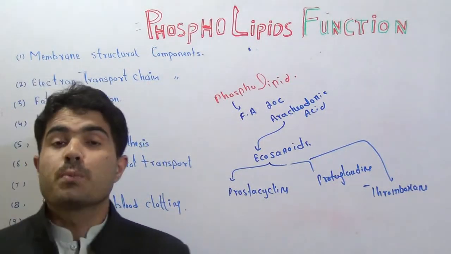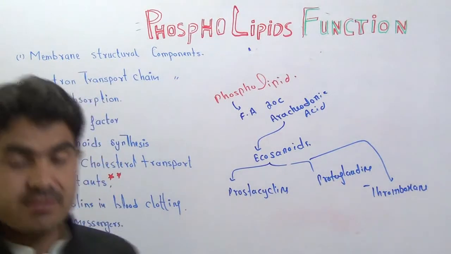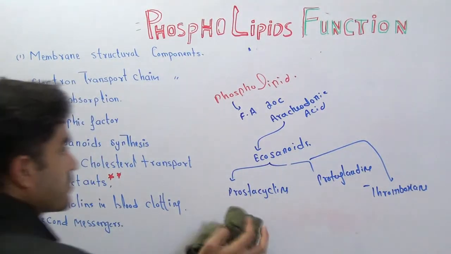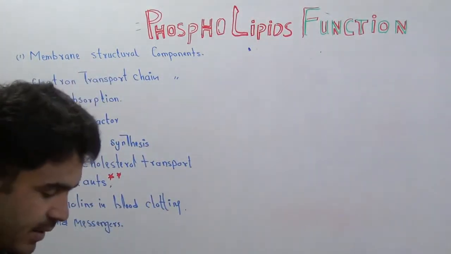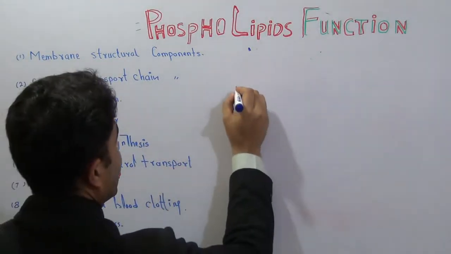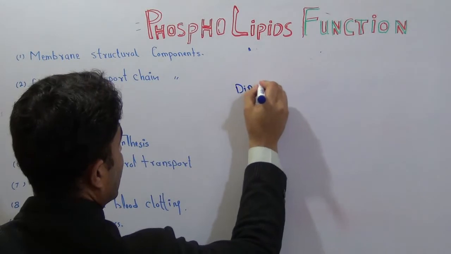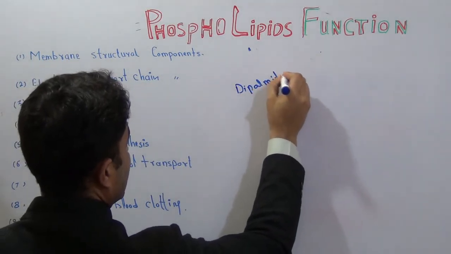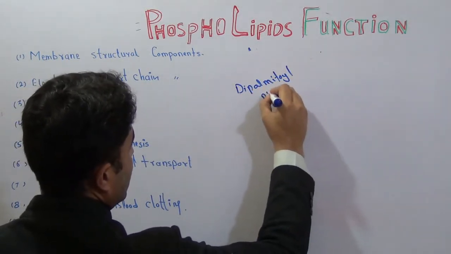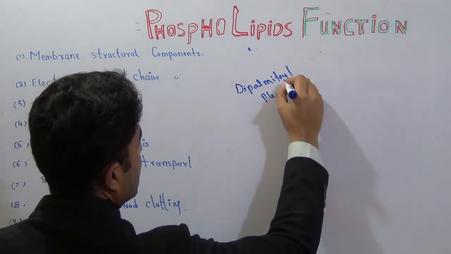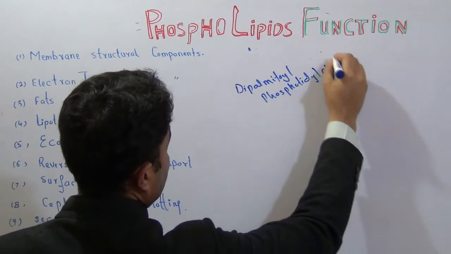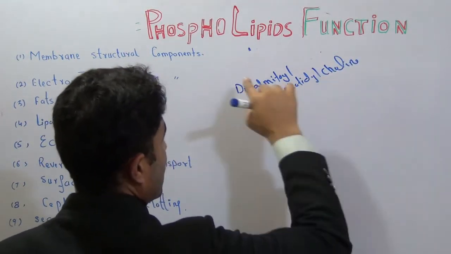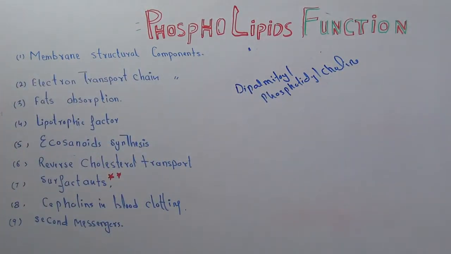Surfactant is also present in our body. What is the name of that surfactant? Dipalmitoyl phosphatidylcholine.